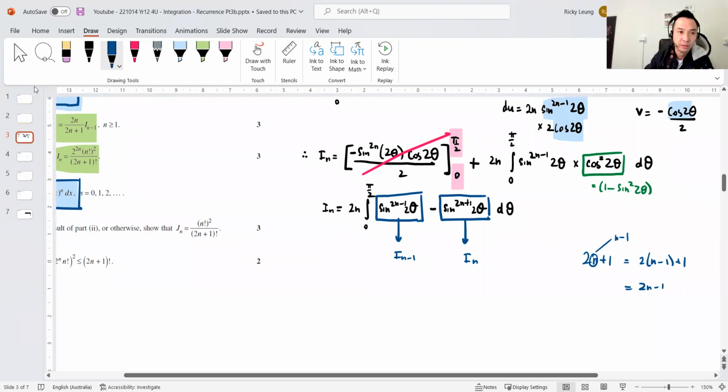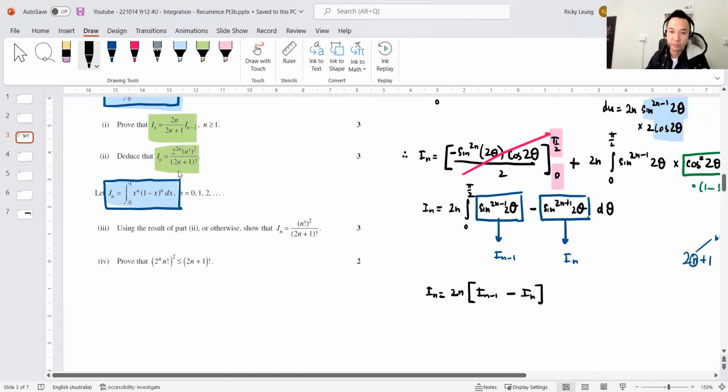So once I do that strategically, right, I know that this is going to go down a path of in minus 1 minus in, and let me just have a quick glance at what I need to prove. So when I expand that 2n plus 1, perfect. Then okay. So right now, rainbow that, expand that, and I've got in equals 2n in minus 1 minus 2n in.